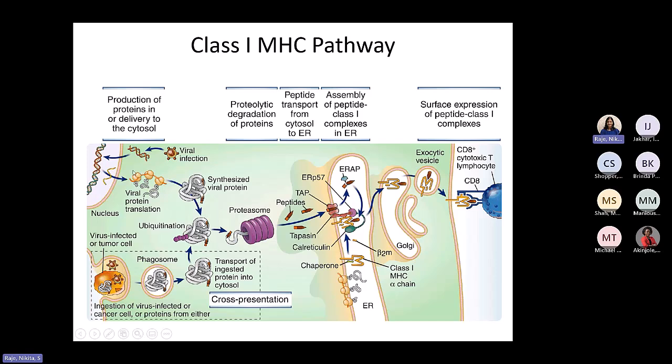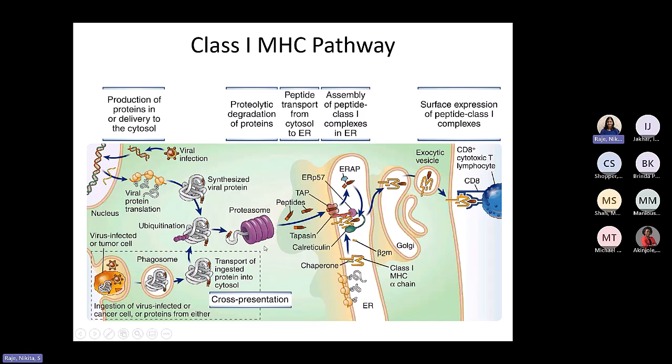So say, for example, in case of viral infection, the viral gene uses the machinery of the cell to produce viral proteins. Those proteins are going to be taken up by machinery called proteasomes, and they are going to be cut up into small peptides.